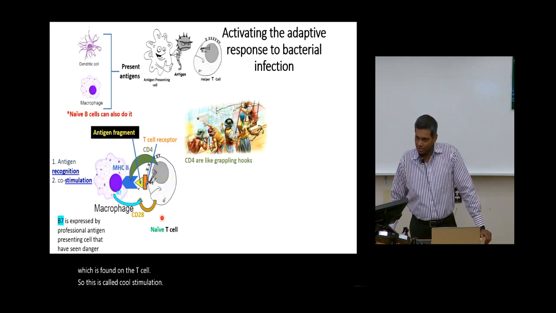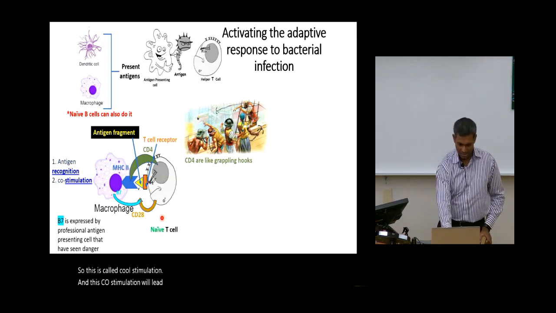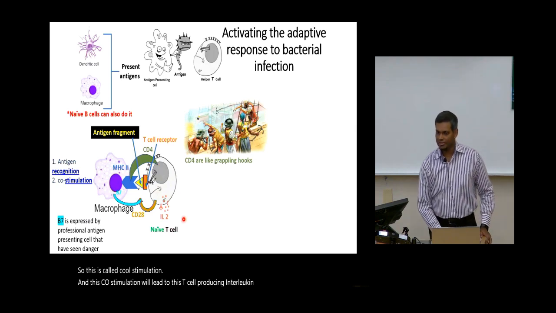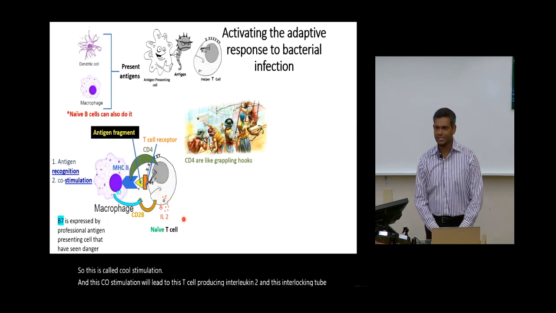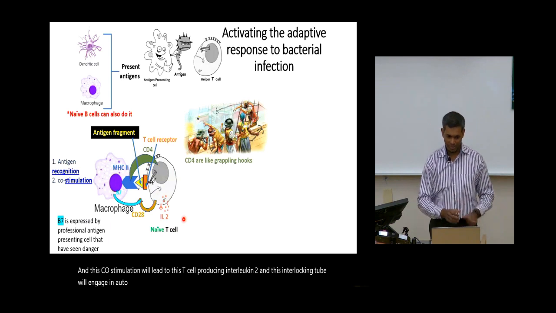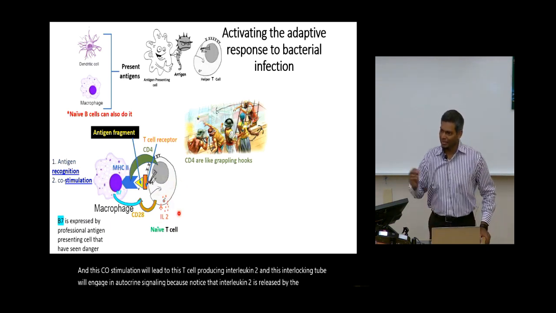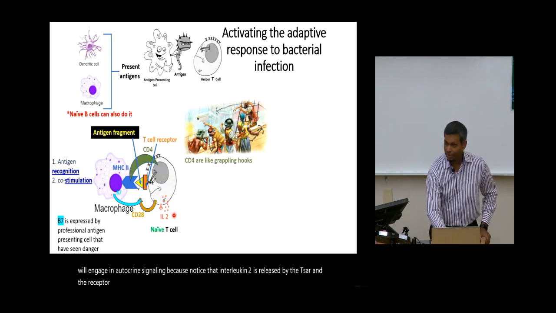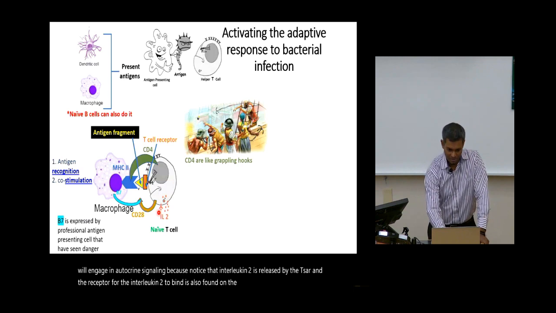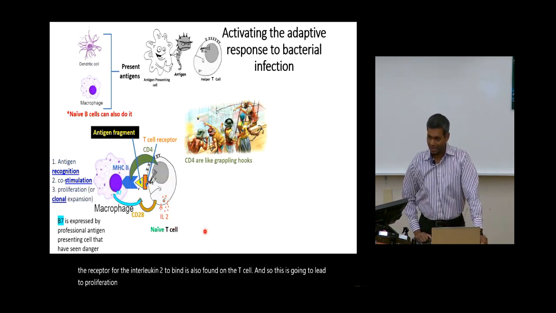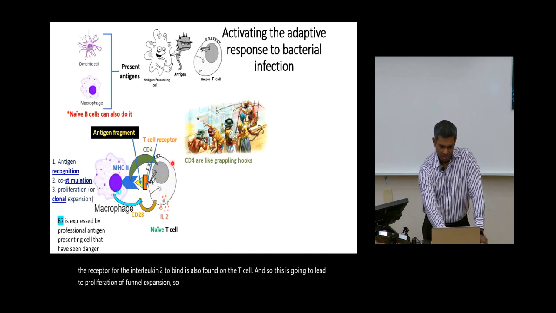And this co-stimulation will lead to this T cell producing interleukin 2, and this interleukin 2 will engage in autocrine signaling, because notice that interleukin 2 is released by the T cell, and the receptor for the interleukin 2 to bind is also found on the T cell. And so this is going to lead to proliferation or clonal expansion. So there will be multiple clones of this T cell made, right?